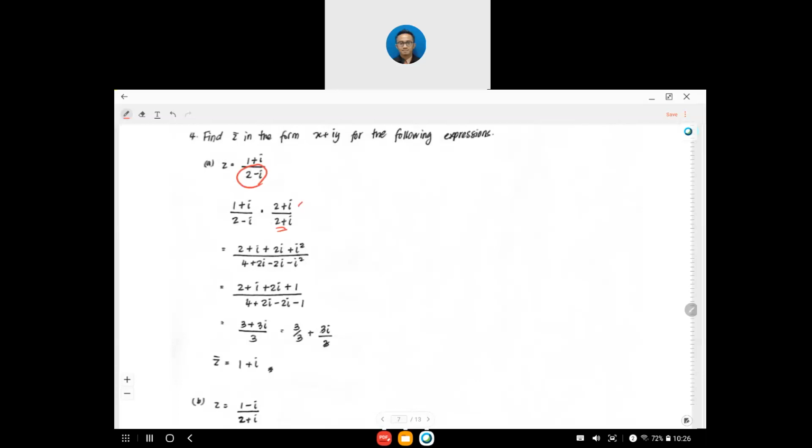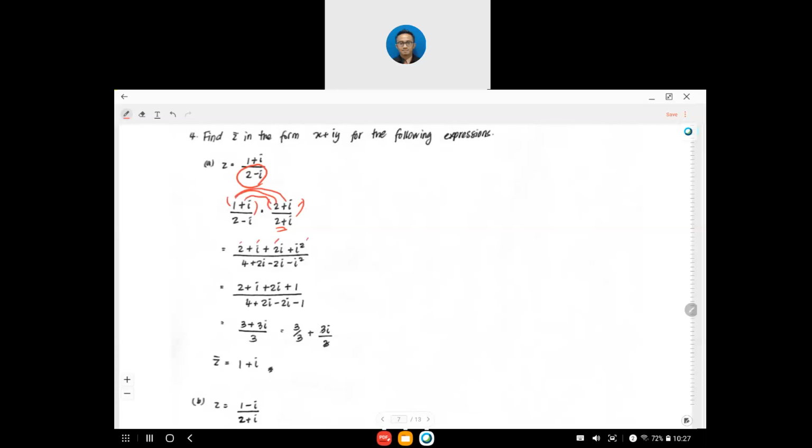So expand that one, you can get: 1 times 2, you get 2. 1 times i, you get i. And then next, 1 times i times 2, 2i, times i square. Also the same thing for your denominator.